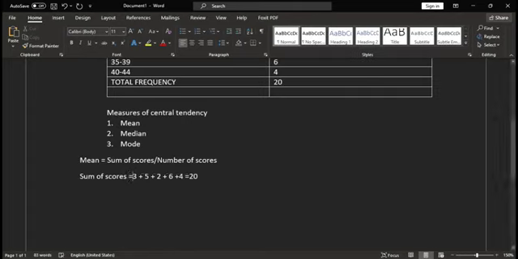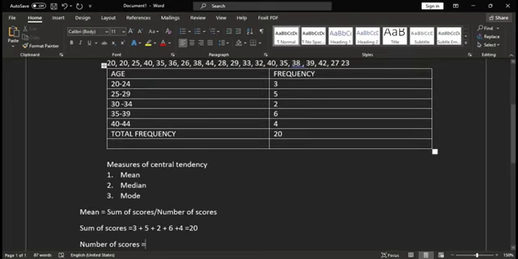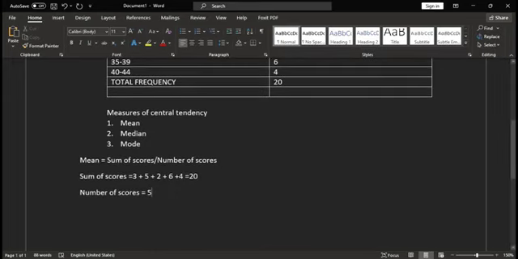Then you have number of scores. Number of scores is just the number you have here. How many of them? You have 1, 2, 3, 4, 5. We have 5. I'm just using these figures to show you how to calculate your mean.